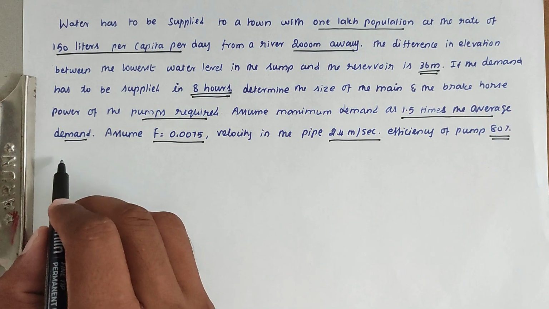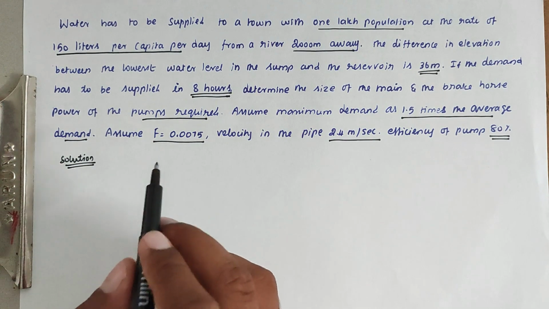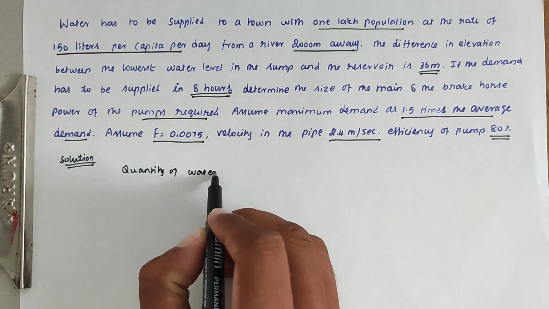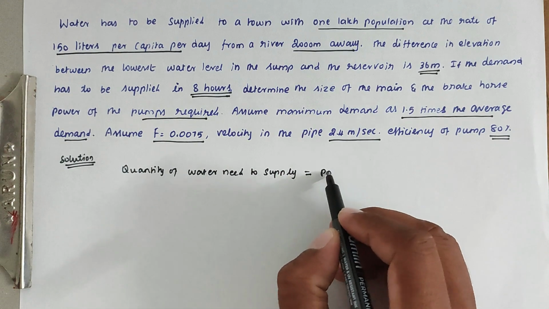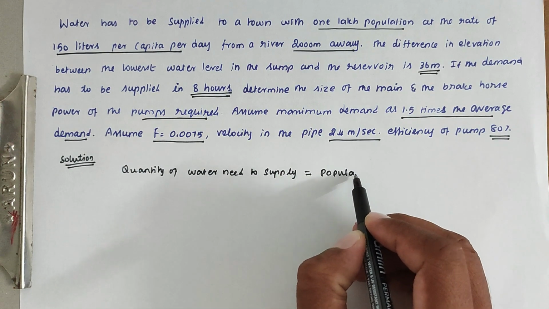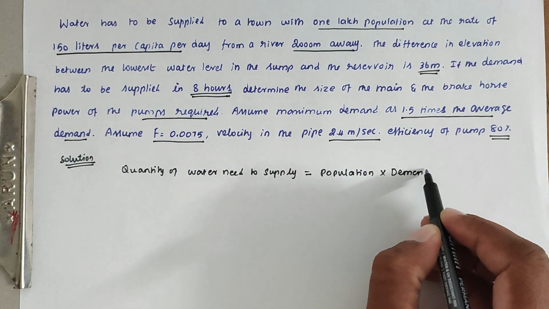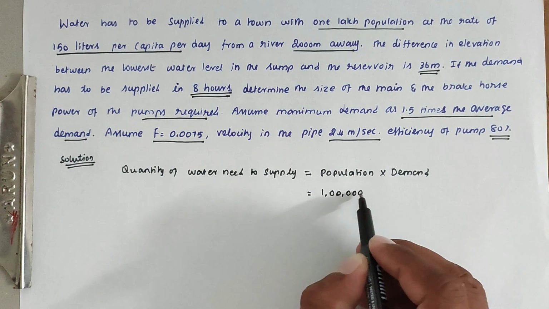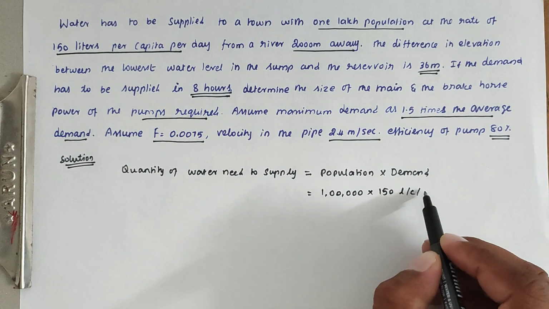First, we have to find out the quantity of water to be supplied. The quantity of water needed is population into demand. The population is 1 lakh into demand of 150 liters per capita per day.